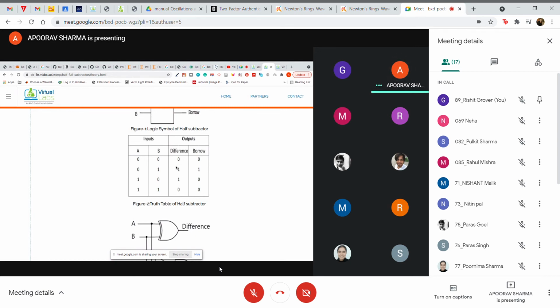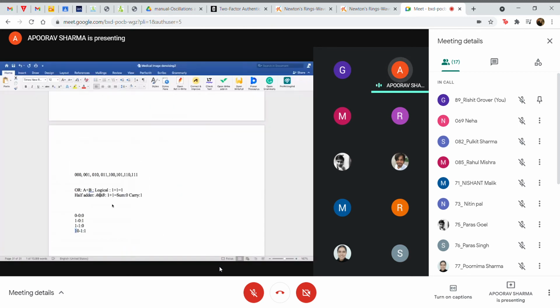When the A input is higher than or equal to B, your answer will be either 0 or 1. This is similar to the example I showed you earlier, when you subtract 19 from 26.